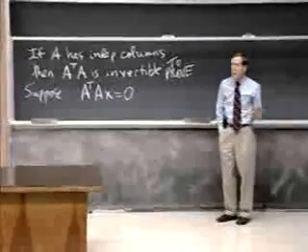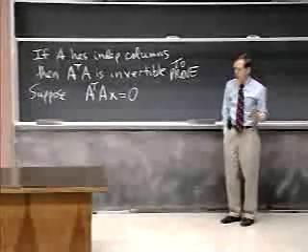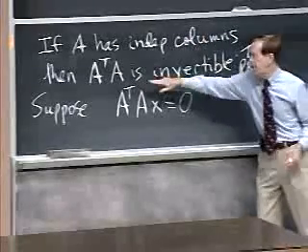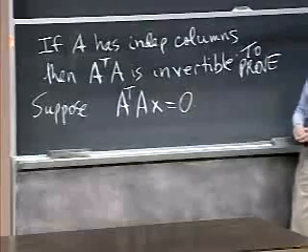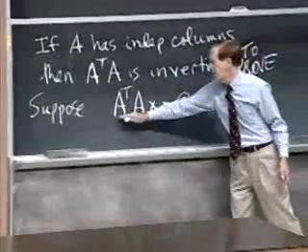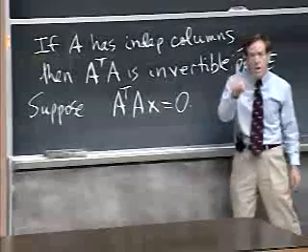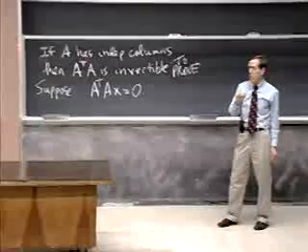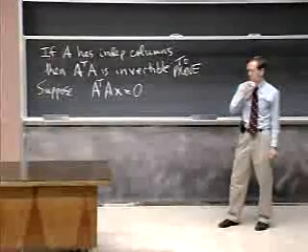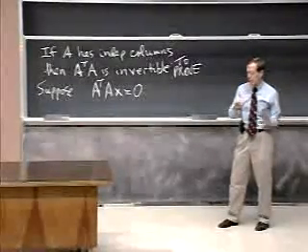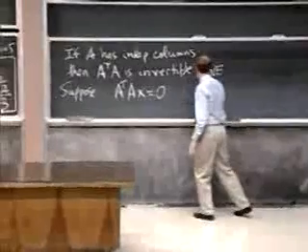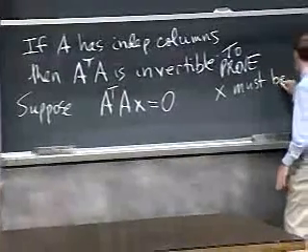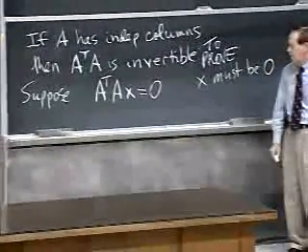So what do I want to prove now? I'll use this, and I'm aiming to prove that this matrix is invertible. Okay, so if I suppose A transpose A X is 0, then what conclusion do I want to reach? I'd like to know that X must be 0. I want to show X must be the 0 vector. Is that right?